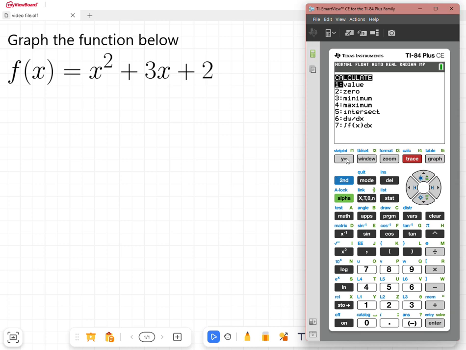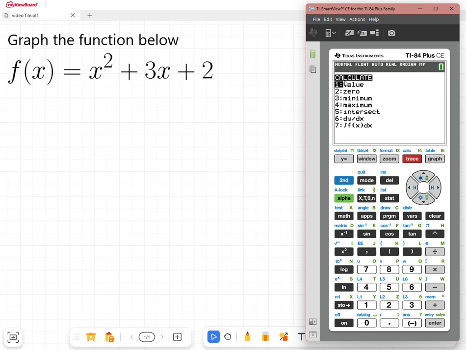And it pops up a couple of things that we're going to be interested in, which are those first four. The value at a specific x input, the zeros or x-intercepts, and the minimums and maximums in a curve. For a parabola, those would give us our vertices.